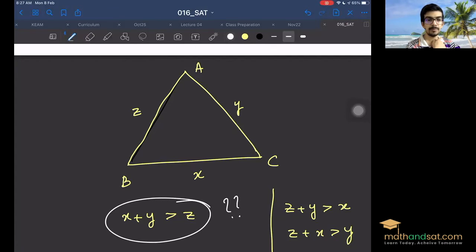No problem. Others, why does it make sense to write x plus y greater than z? Any idea why? Olivia, Robin, do you have any idea why it makes sense to write this inequality for a triangle?